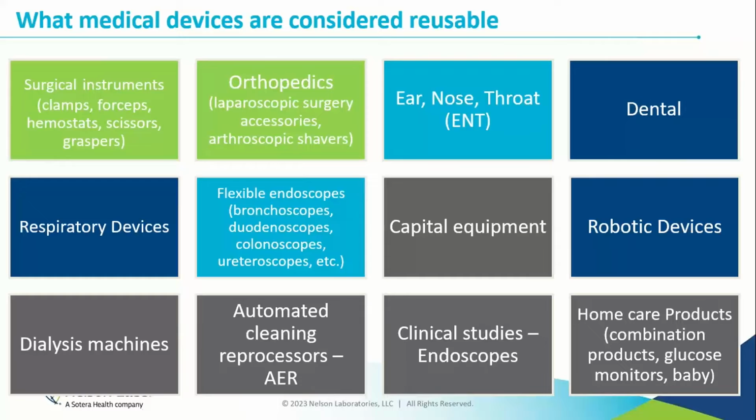Yes, they're reusable and used for critical processes, but we didn't have validations, and so now the regulatory is definitely hitting the dental industry hard. Respiratory devices, flexible endoscopes, of course, that's been a high topic in the last decade. So we're going to see more and more on that for sure.